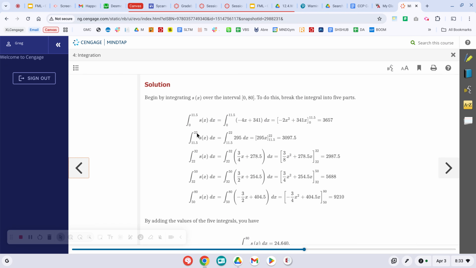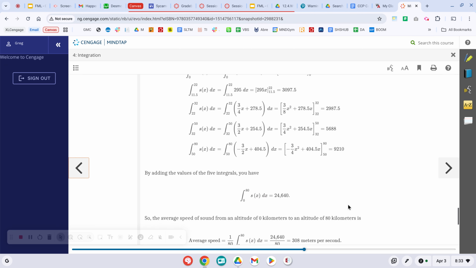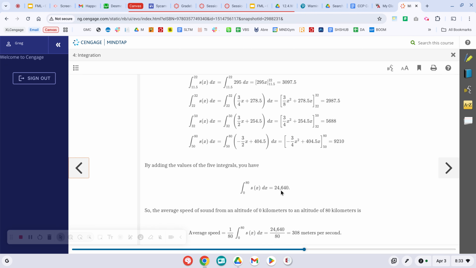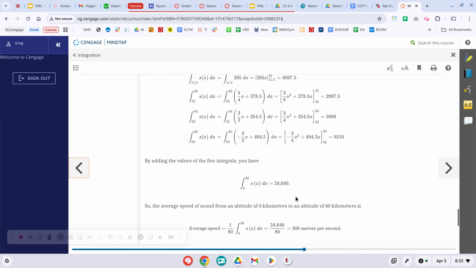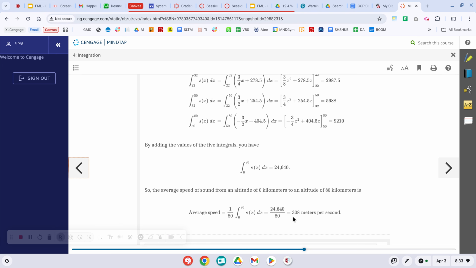Okay, 0 to 11, 11 to 22, 22 to 32, 32 to 50, 50 to 80. We're getting all these different areas. We're adding them. This is the total sum underneath. Doesn't mean a whole lot to us, but then when we divide it by 80, the average speed of sound is 308 meters per second. Pretty cool. You guys are so smart. Boom!